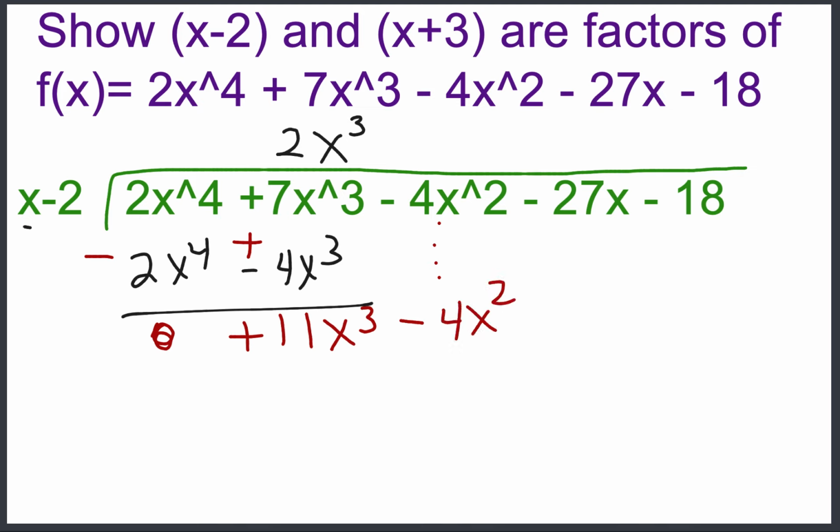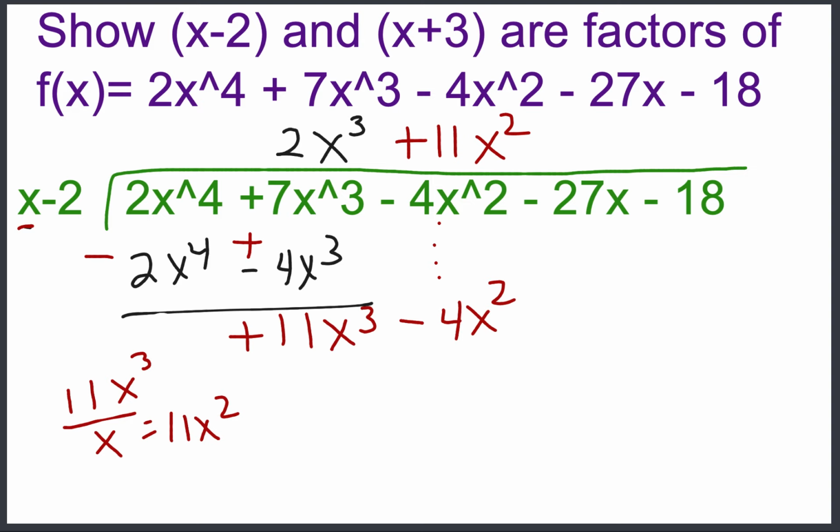Then you bring down your next x squared column. Don't lose signs. Then you take the lead term of this next row, which is 11x cubed, and you divide it by the lead term of the divisor, which is x, and you get 11x squared. Well, that's going to go right above the 4x squared. So now I'm going to multiply that through.